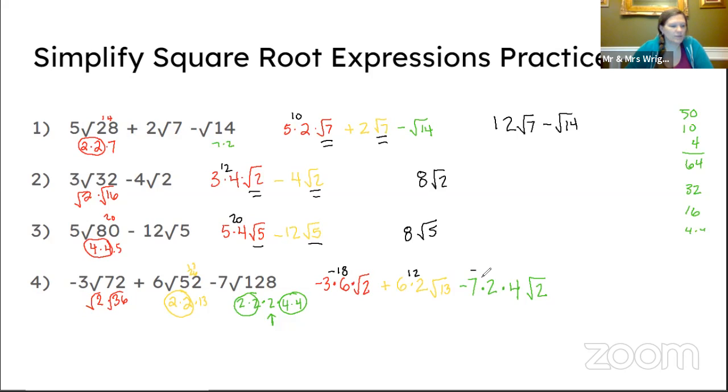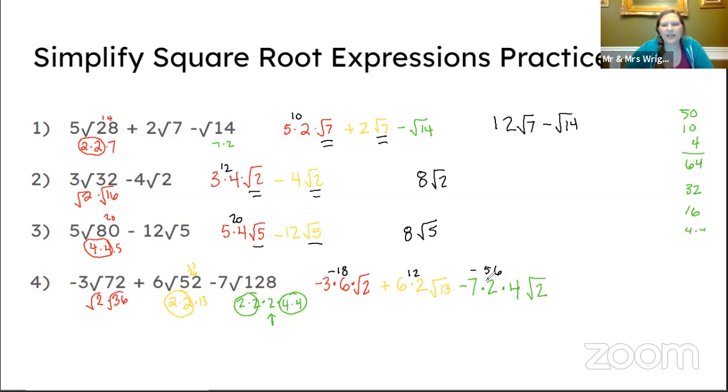I did my notes wrong, but 7 times 2 times 4 is going to be 7 times 8, which is -56. Okay. Right. So sorry about that. I got myself a little off focus there.